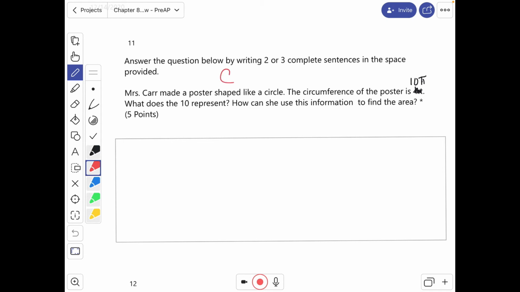Well, the formula for circumference is pi times diameter, or according to your chart, you could also do 2 times pi times radius, which means you have to double the radius to figure out the diameter. So if that is the formula, what does the 10 represent? Well, pi would definitely be pi, so 10 must be the diameter.